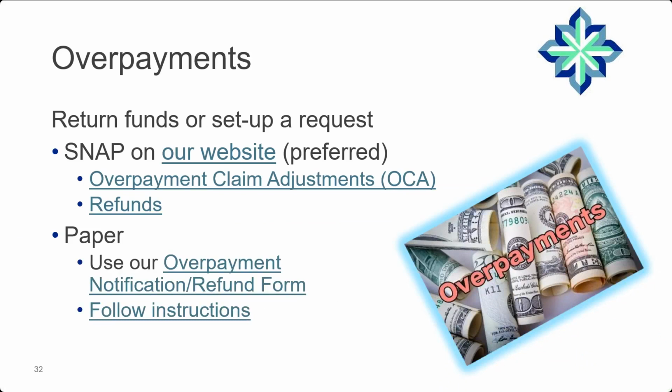And the first one's about overpayments. WPS receives many overpayment notifications and refund requests from providers. We send them out and we expect them back. And we know you want to repay Medicare in a timely manner, but there can be delays if you use an incorrect or an outdated form. Just addressing an envelope to WPS isn't enough.